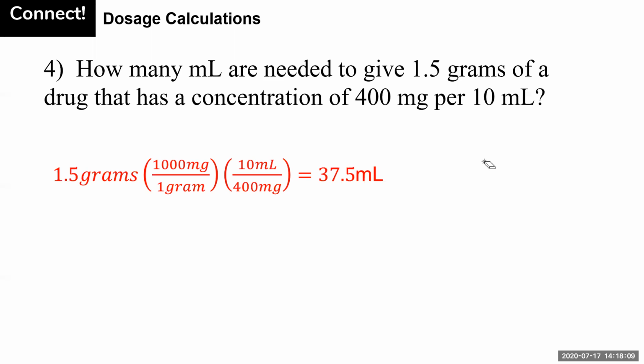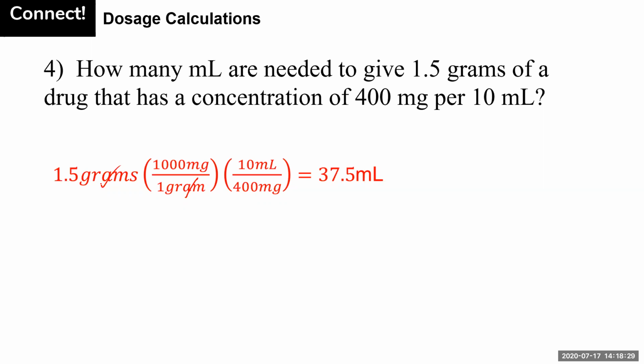So you change 1.5 into milligrams, then multiply by 10 ml and divide by the 400, and that is your result.